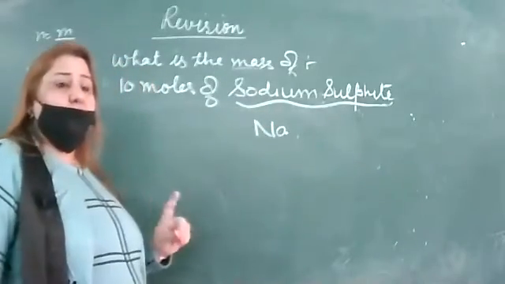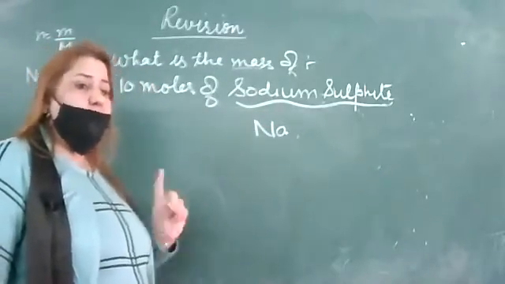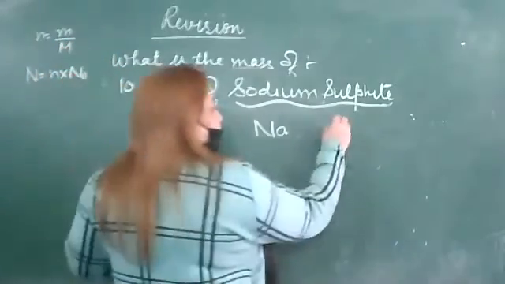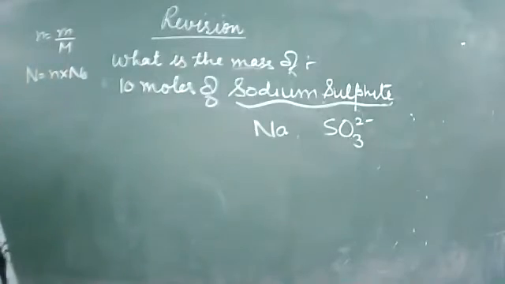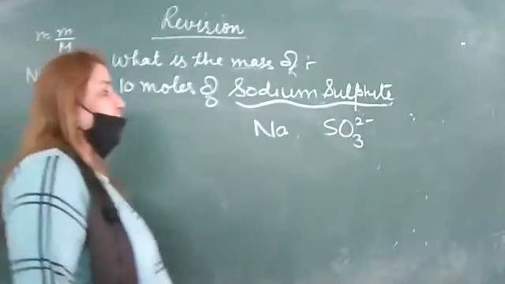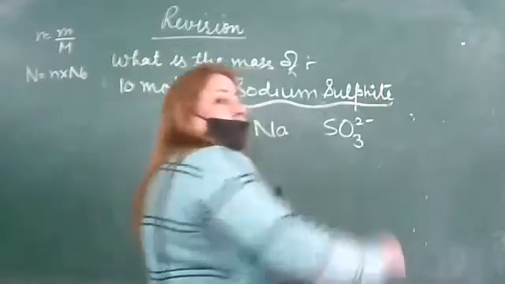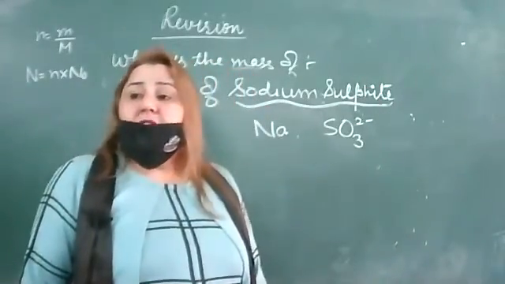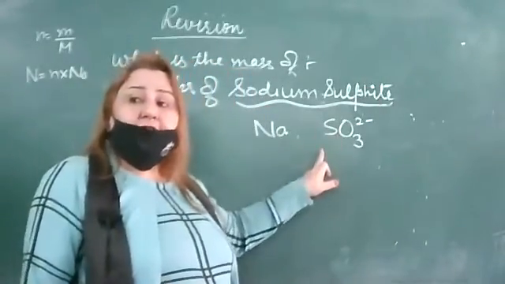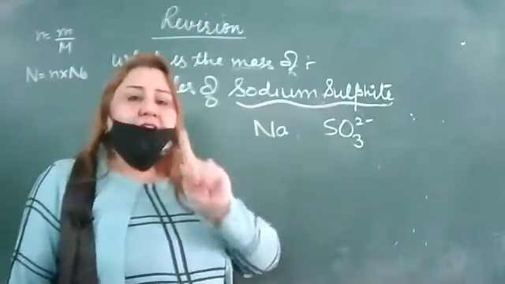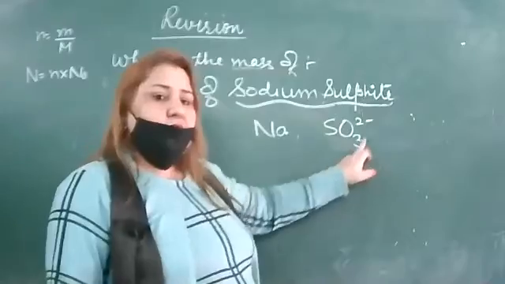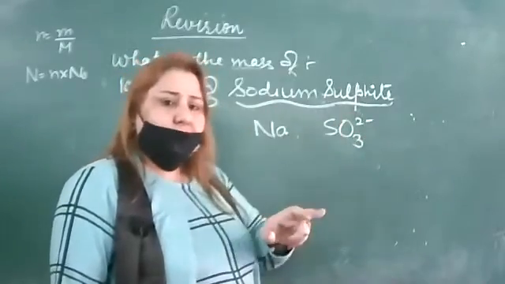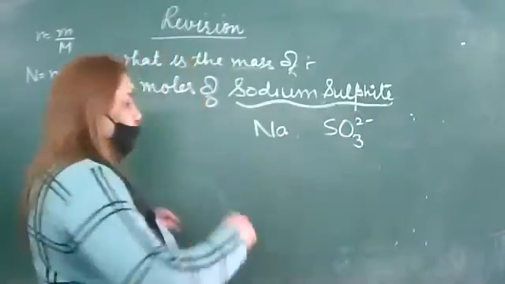Sulfite, as I already told you on page number 37, there is one table you have to learn. Sulfite, SO3 2 negative. What is the formula of sulfate? Sulfate, SO4 2 negative. The ite word represents 3 oxygens: sulfite, SO3 2 negative; sulfate, SO4 2 negative.